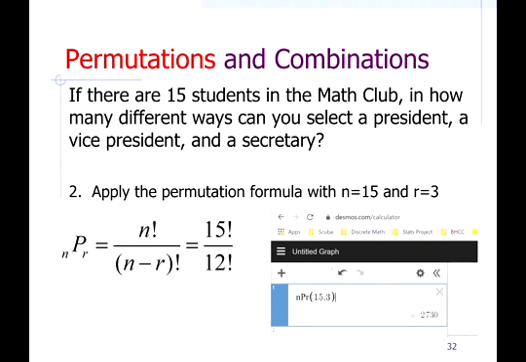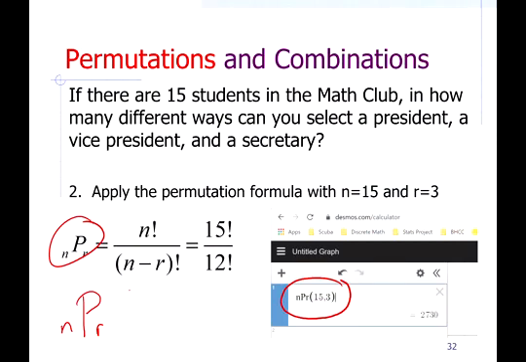I didn't actually use the calculator. I used Desmos. And I always recommend Desmos over a handheld calculator. When you're typing the permutation formula into Desmos, it's very simple. You type a lowercase n, then an uppercase P, then a lowercase r. As soon as you do that, Desmos knows you're talking about permutations.